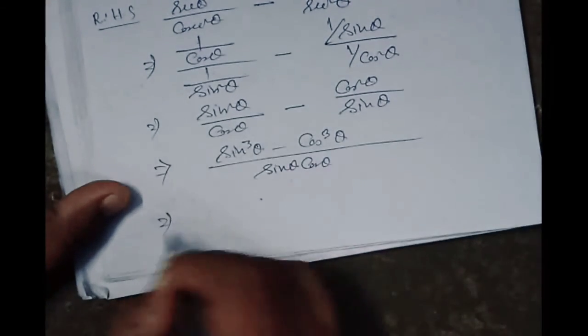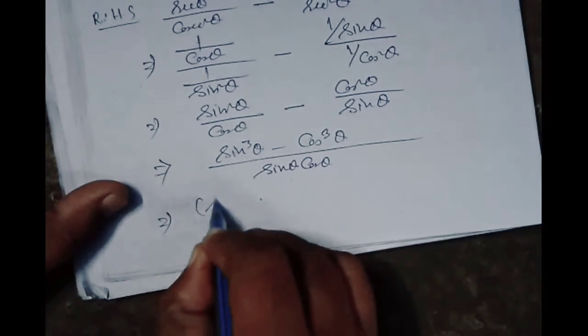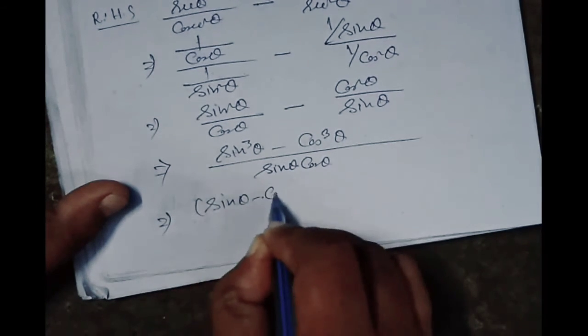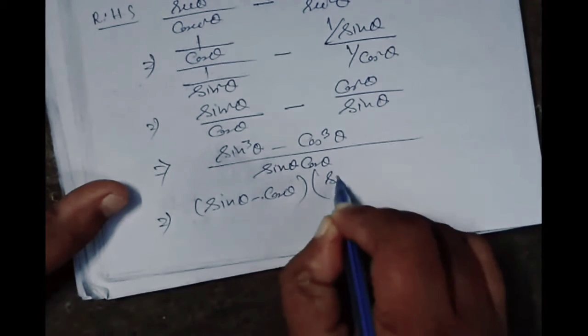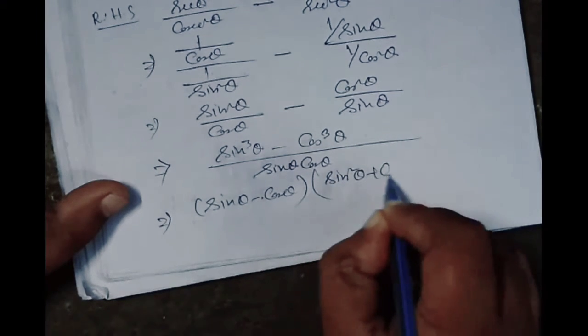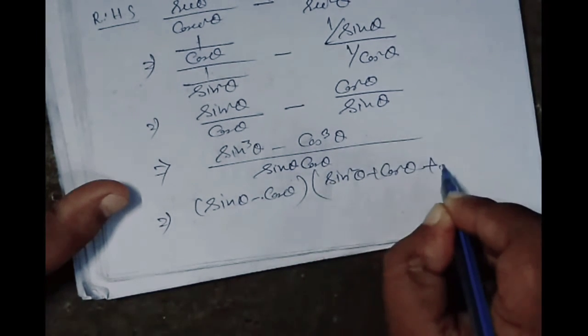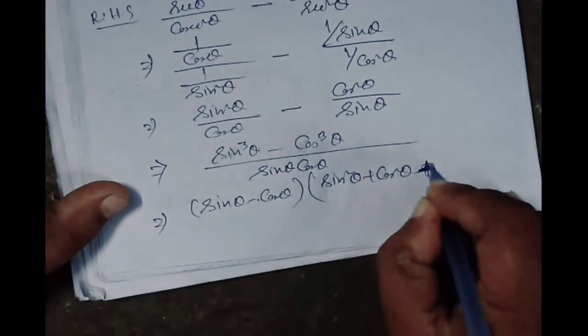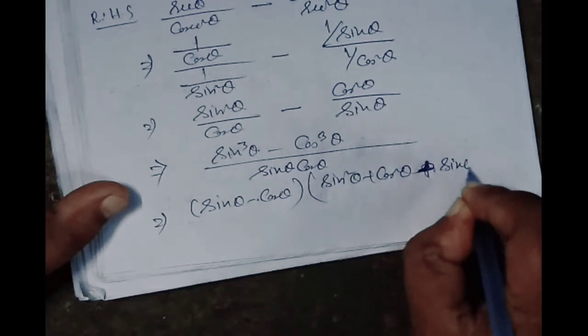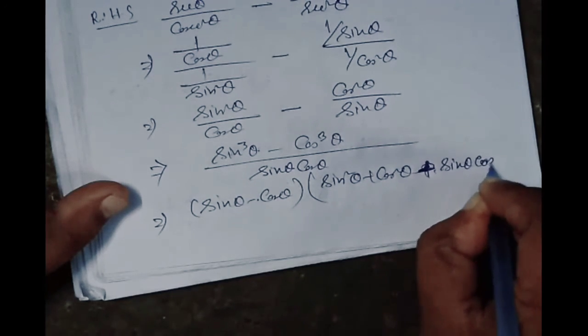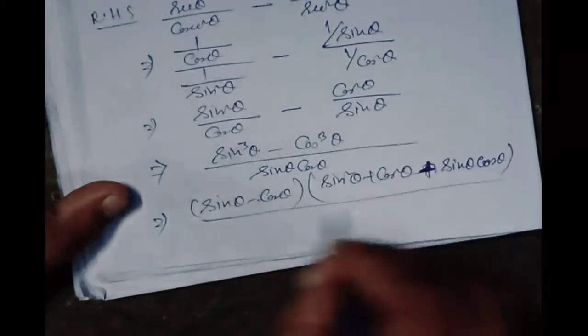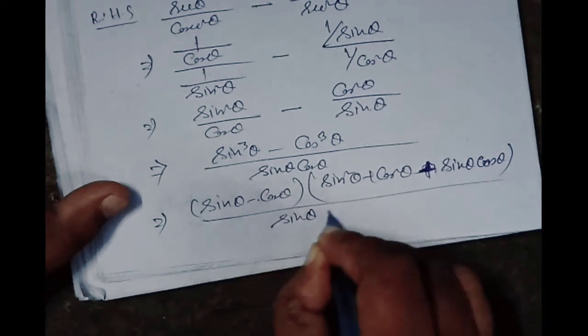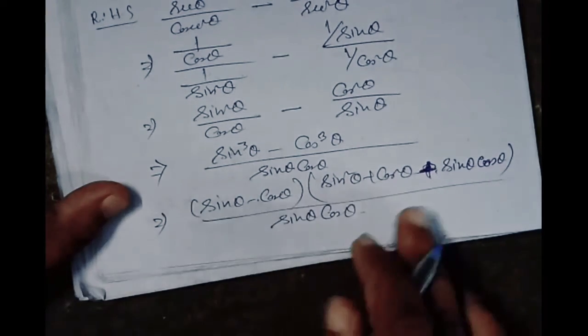So a cube minus b cube, if we put the formula, that can be written as sin theta minus cos theta into sin square theta plus cos square theta plus sin theta cos theta, divided by sin theta cos theta.